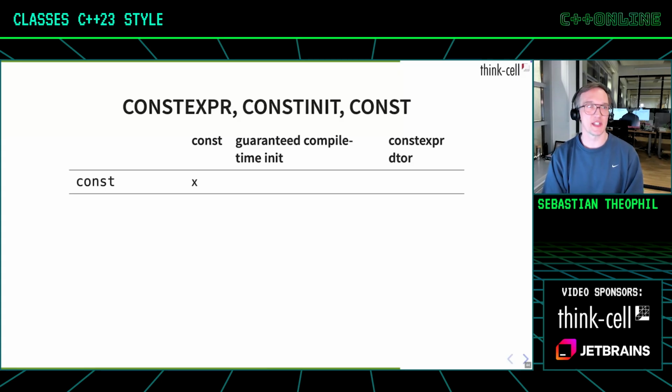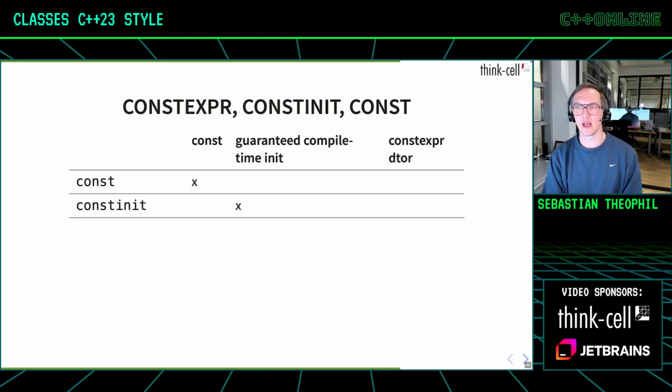Then we have constinit. Constinit, interestingly, does not mean that a variable is const, but it means that a variable is guaranteed to be initialized at compile time. That means there won't be a constructor. It will be initialized at compile time through a compile time constant. That means you don't have problems with the static initialization order.